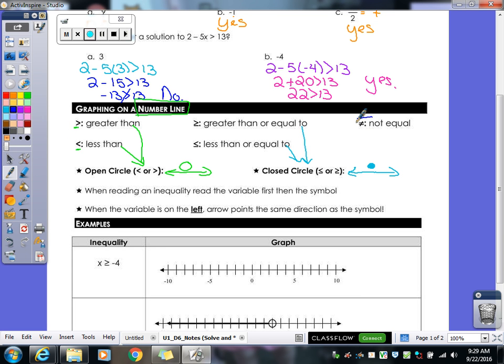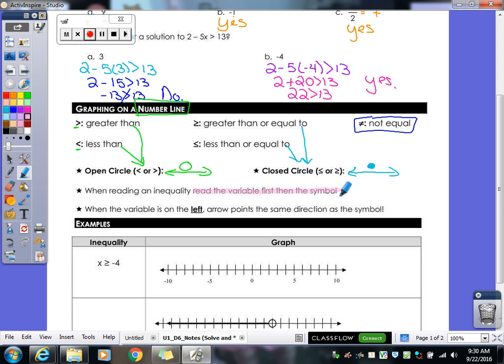And then we also have the not equal to. So if you got an equal sign with a line through it, that means it's not equal to that number. So x is not equal to 5, for example. When reading an inequality, you need to read the variable first and then the symbol.